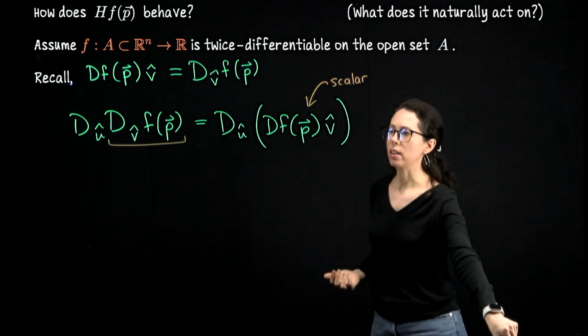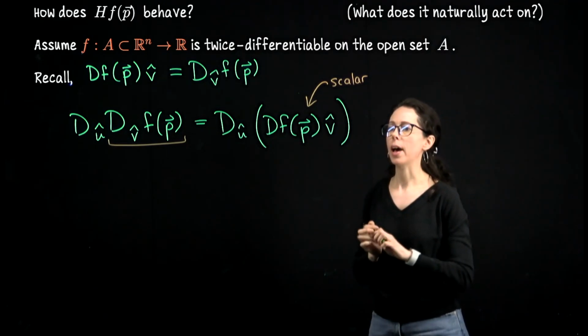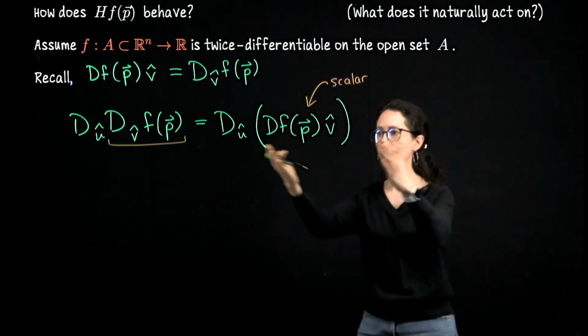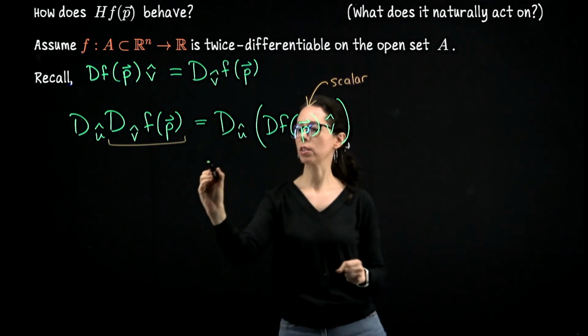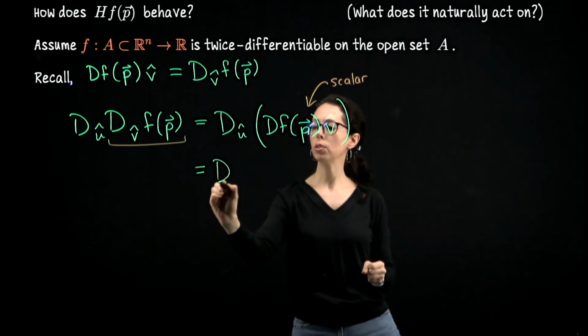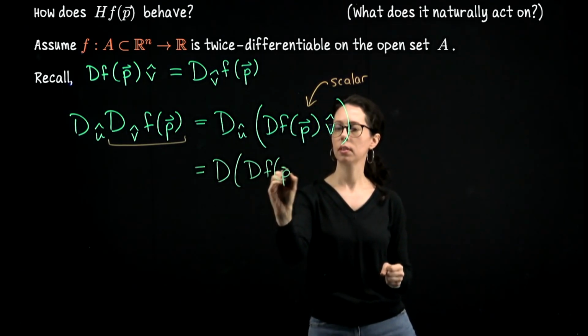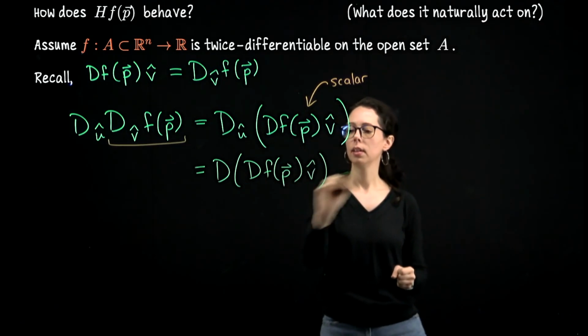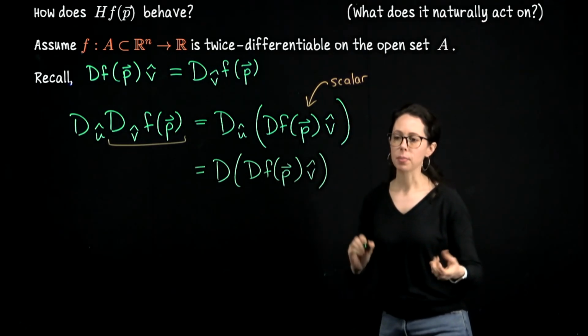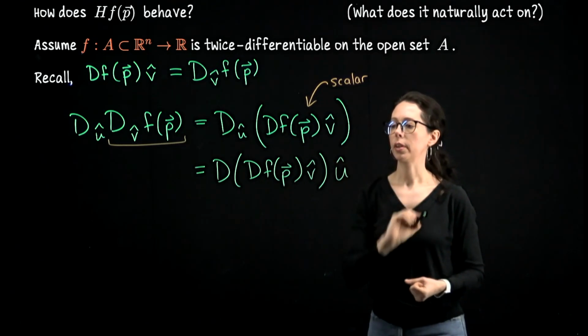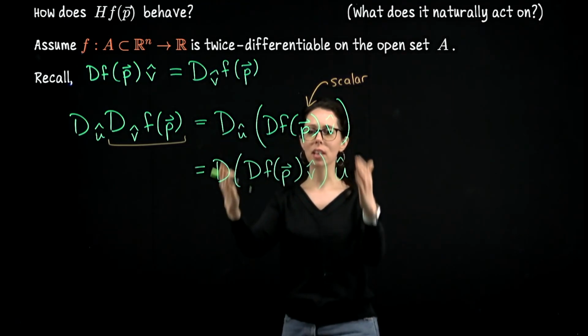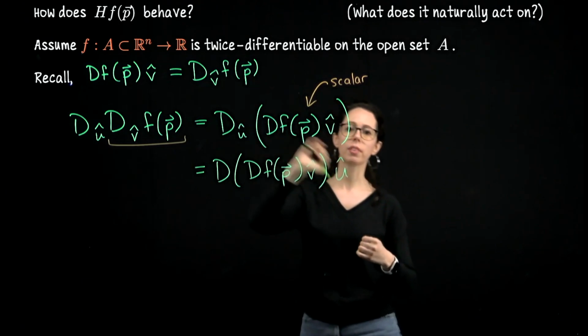So let's write that down, and then I'll do a little manipulation with that. So kind of formally using this way of rewriting a directional derivative, we're going to say that this is the total derivative of this expression times u, times the unit vector u. Okay, so again, from here to here, it seems like there's a lot more going on, but it's really just another version of this first equality.